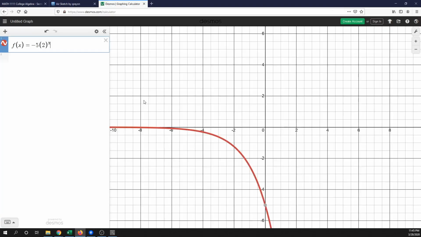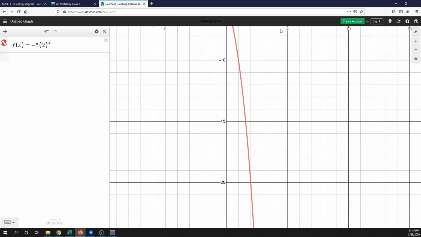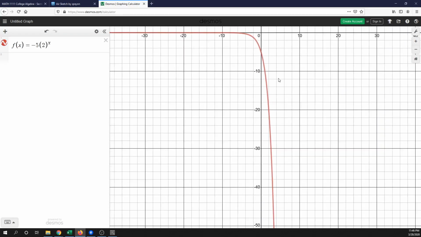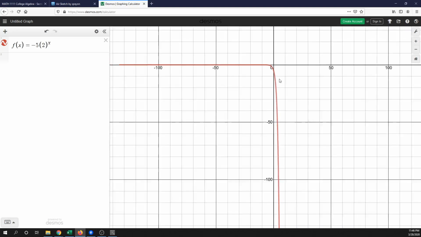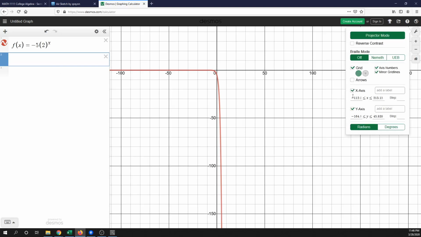All right, if I graph that and look at that function, I can see it has a y-intercept of negative 5. And if I go out to 4, I'm going to have to zoom out a lot. Let's just go from minus 5 to 5.